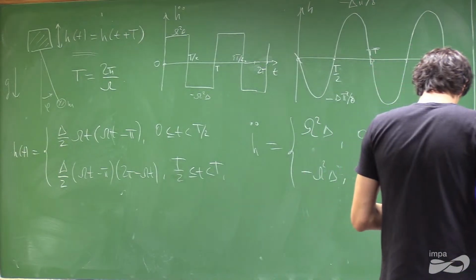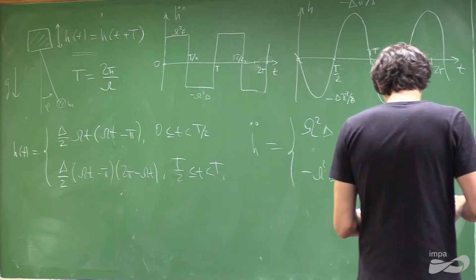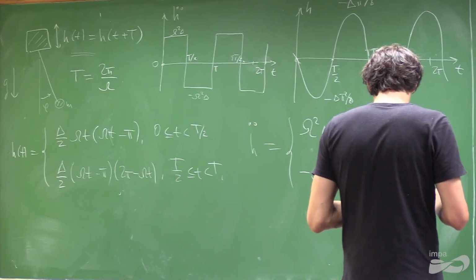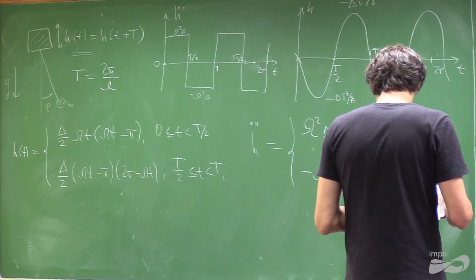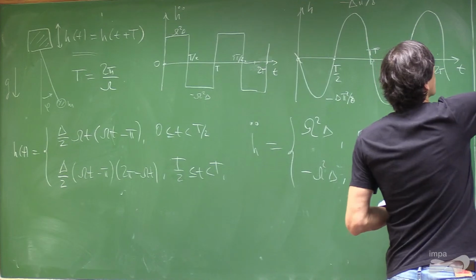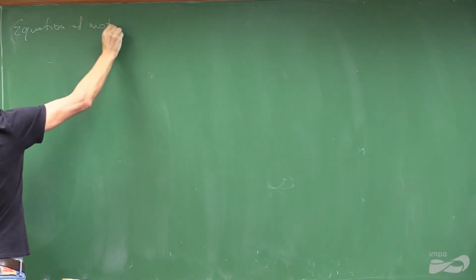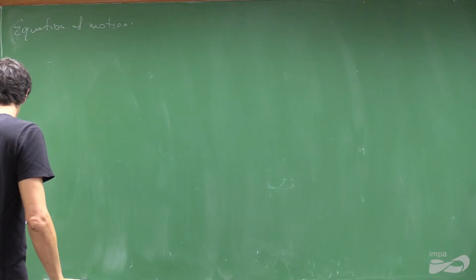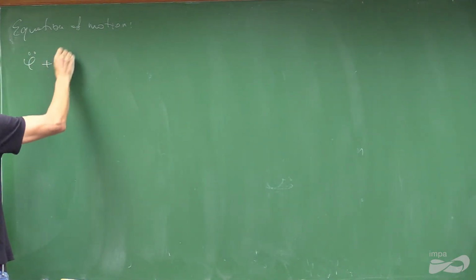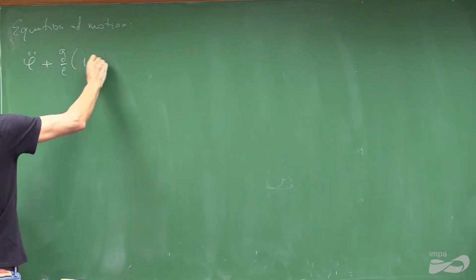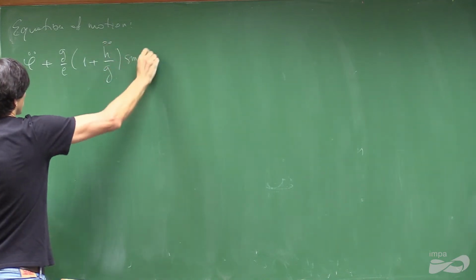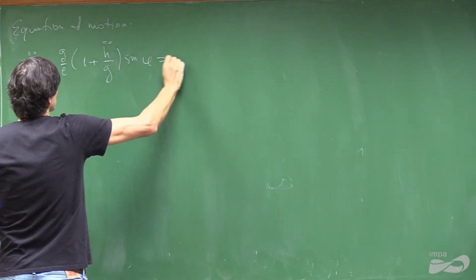Okay, so first, remember the equation of motion. The equation of motion is phi double dot plus g over L times 1 plus h double dot over g, times sin phi, equals 0.